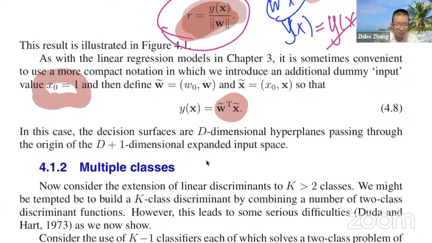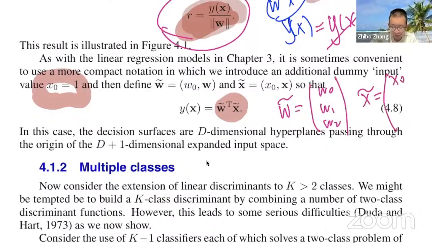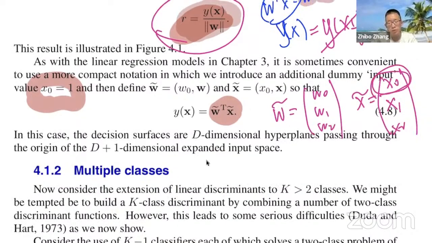In this case, W is W0, W1, W2, and x is x0, x1, x2, but it's still two-dimensional because x0 is a constant, not a variable. If it were a variable, then it would become a three-dimensional input, but it is actually a constant.